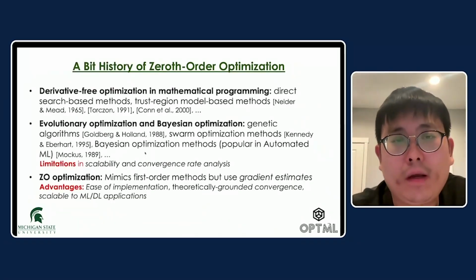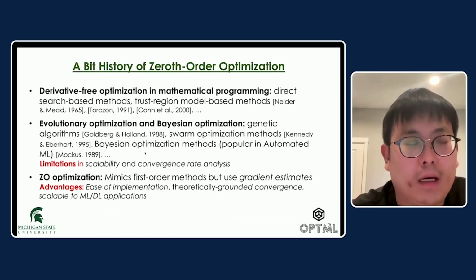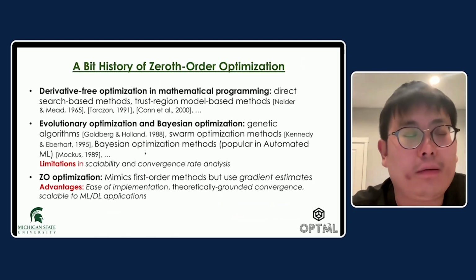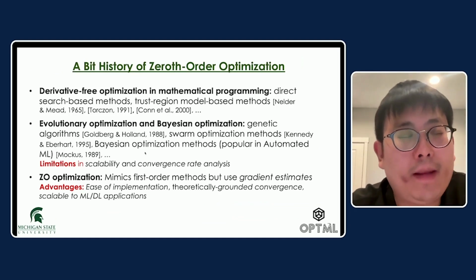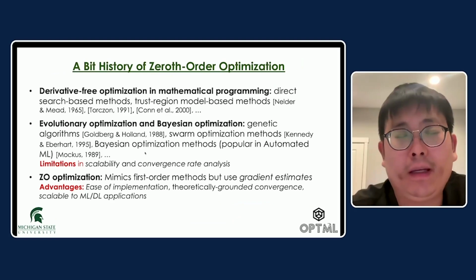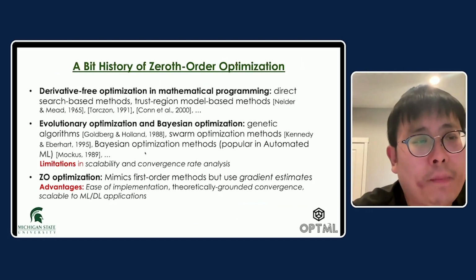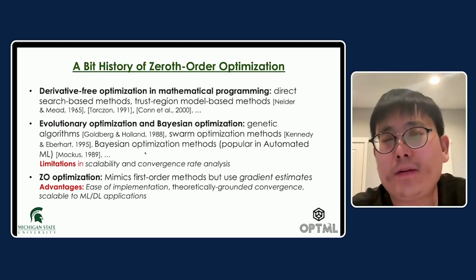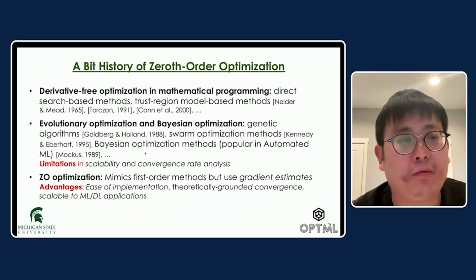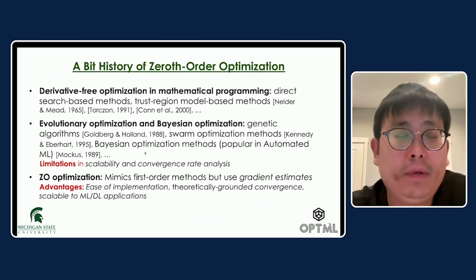Before we talk about zeroth-order optimization for fine-tuning large language models, I want to mention that there are also some other derivative-free or gradient-free optimization methods in the optimization community. But we will not use them for fine-tuning large language models. There are several reasons. For example, in mathematical programming, there are several methods based on search, based on filter and trust region. Those methods are very traditional zeroth-order or derivative-free optimization methods, but they are not very suitable for deep learning applications.